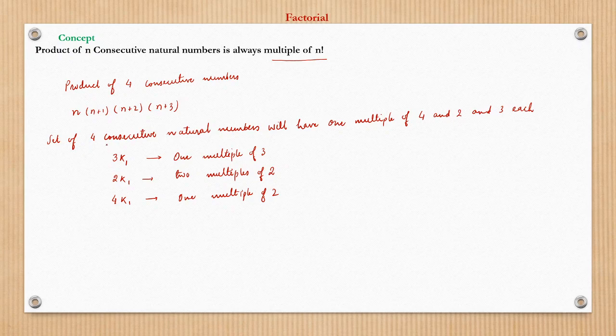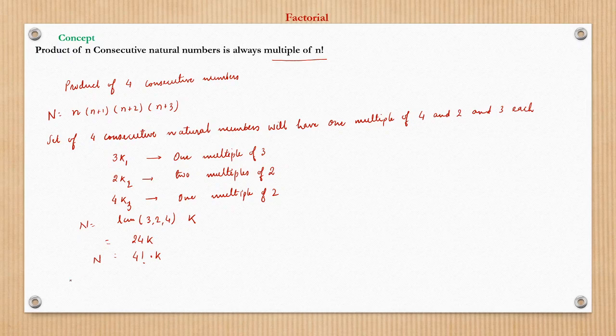So can we not write this, if a number is of the form 3k1 into 2k1 into 4k1, the number can be written as LCM of 3, 2, 4 times some k, right? That is nothing but 24k. 24k is nothing but 4 factorial into k. So I can write that the product of four consecutive natural numbers would be a multiple of 4 factorial. Therefore, the product of n consecutive natural numbers will always be a multiple of n factorial.